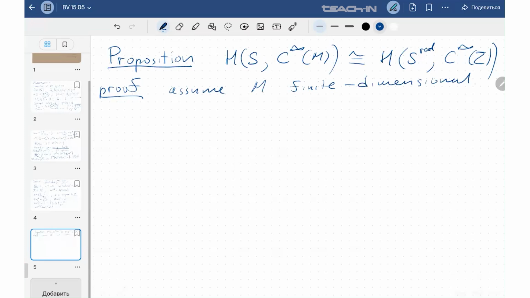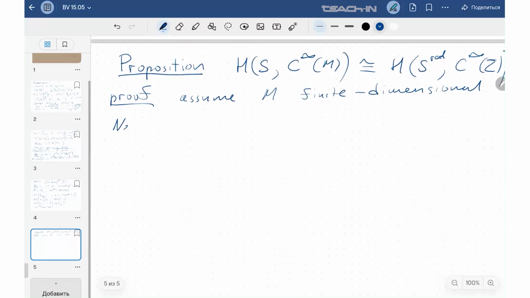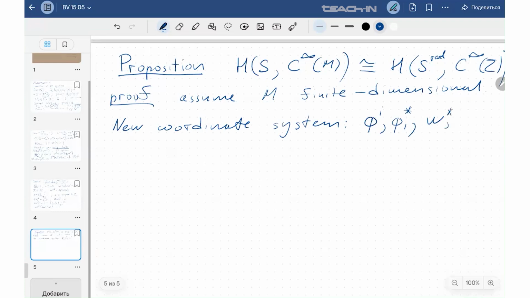So what we do, we introduce a new coordinate system, which is our initial functions phi star, then W star alpha, and S W star alpha.